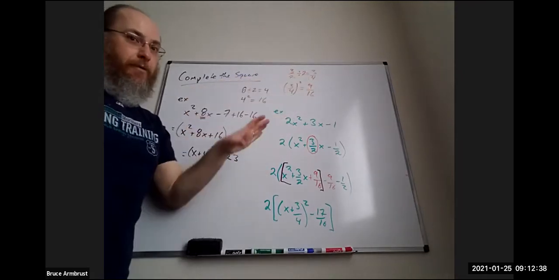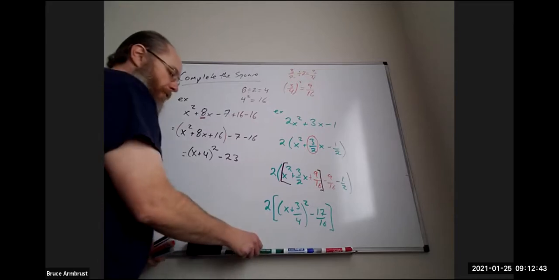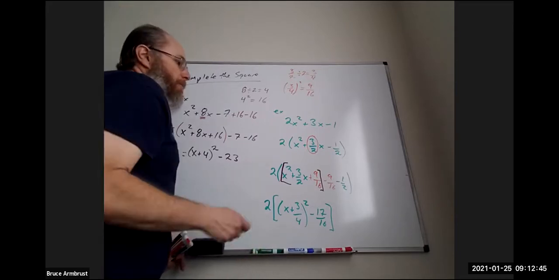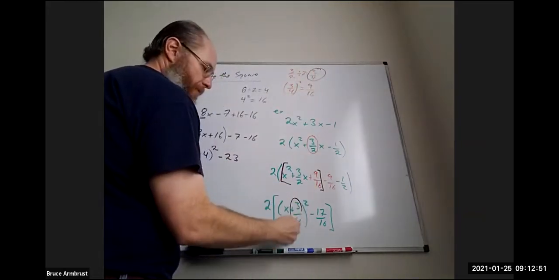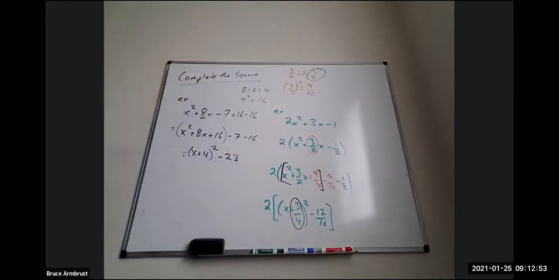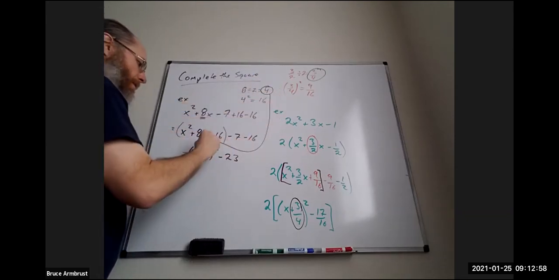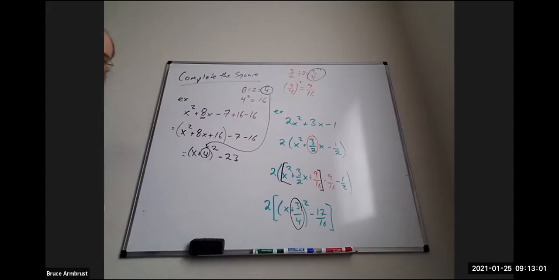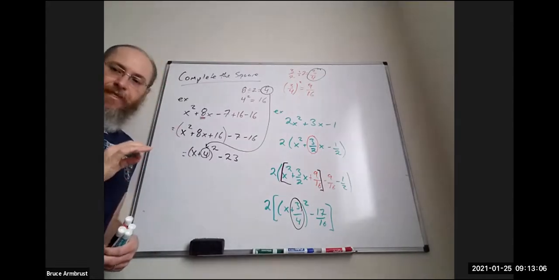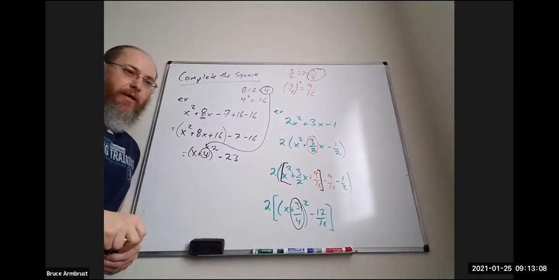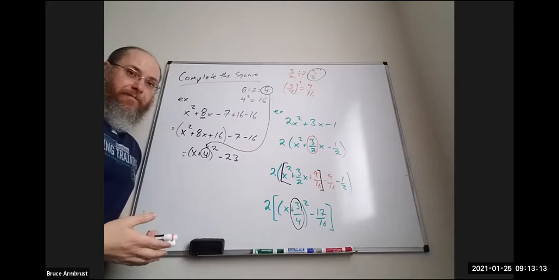If you come back to the very beginning, when we divided by 2, in this case we got 3/4, and that's the same as what's being added here. You'll see the same thing with the first one. After we divided by 2, we got 4, and notice that it was x plus 4 squared. So that's a little bit of a shortcut. Use it. It's especially useful when you've got gnarly fractions. Anyway, so this is completing the square.